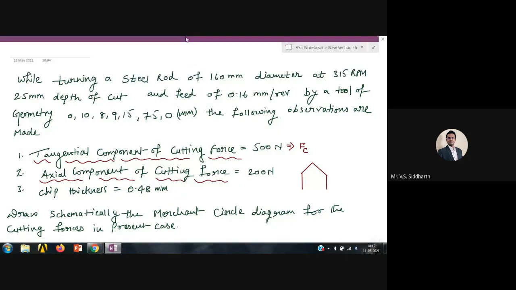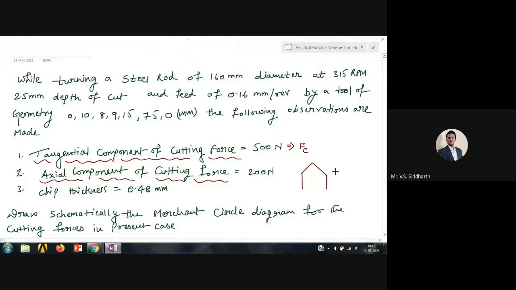We had one force in this direction and another force in this direction, and we have the resultant of these two forces. This force was the feed force, FF. This force was the thrust force, which is the resultant of the feed force and the radial force.